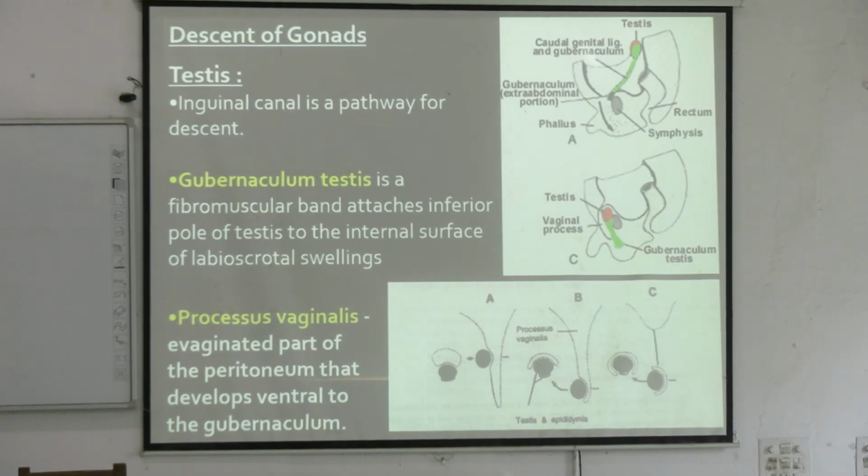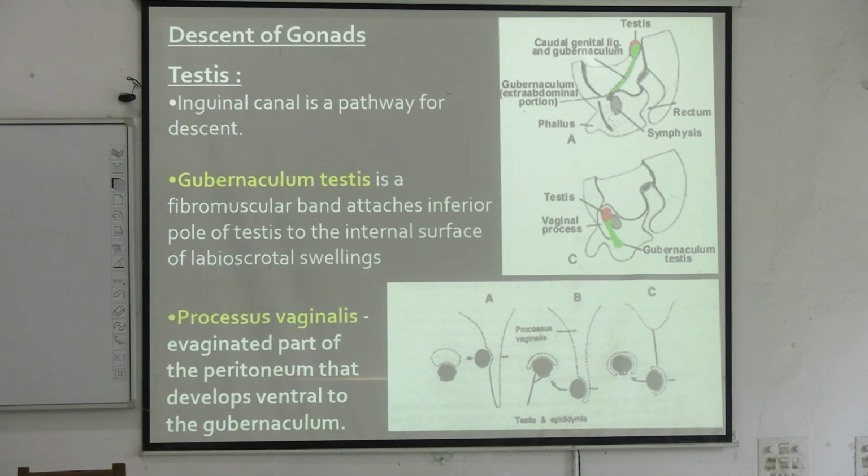Of the gonads, we have the ovary and the testicles. Both develop in the lumbar region, and eventually they do not remain there; they go down. The testicles move out of the abdominal cavity through the inguinal canal into the sac we call the scrotal sac.